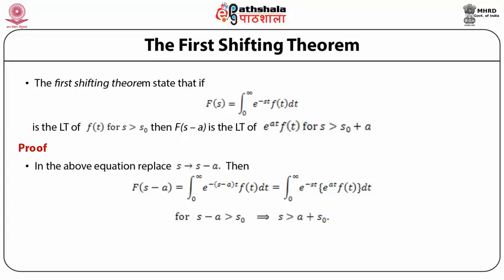The right hand side of this equation can be written as function capital F of s is equal to Laplace of function small f of t, which implies function capital F of s minus a is equal to Laplace of e raised to power at function small f of t.